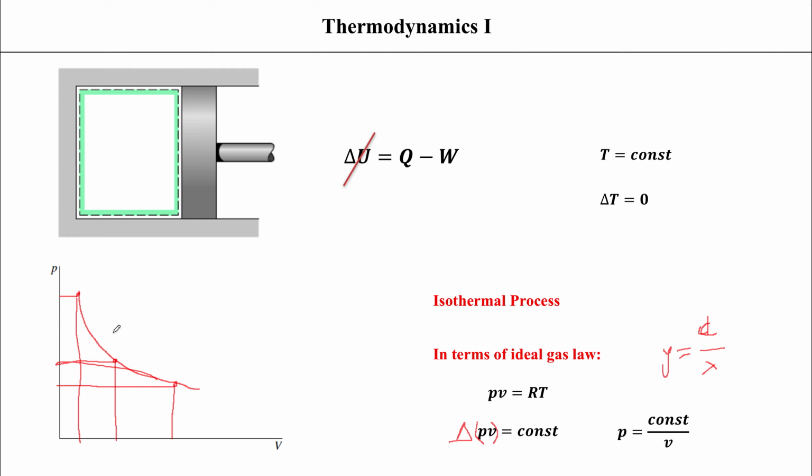The other thing to notice is that we already know that the volume is increasing in this direction, but our process is from this state to this state here. So what we can say is that if the volume is increasing, that means we have a process of expansion here. Our gas is expanding. So volume is increasing in this direction, so that means an expansion process would be of this direction.